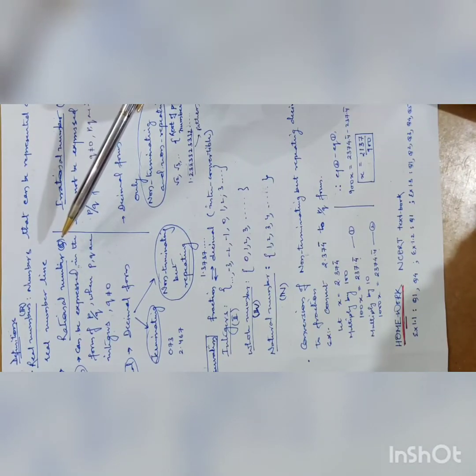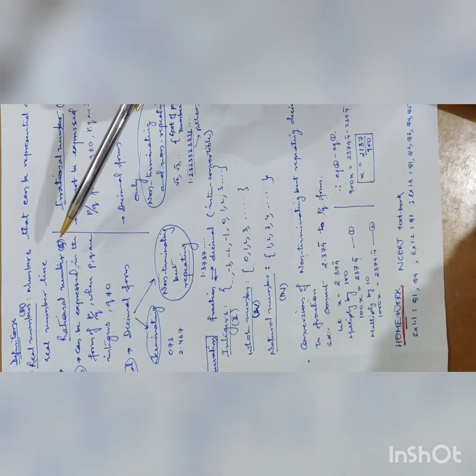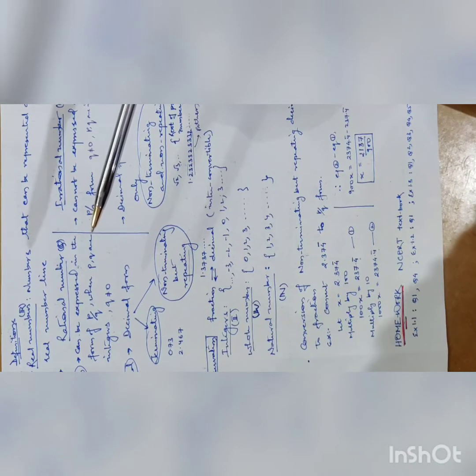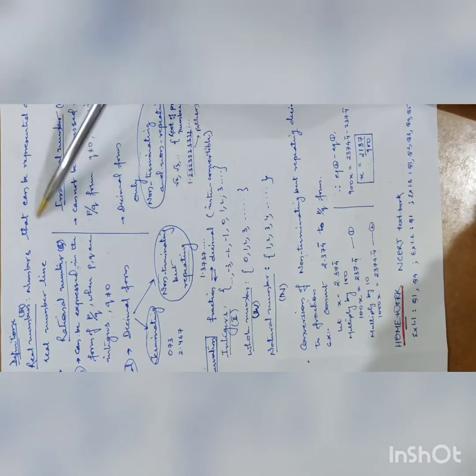So all those numbers are real numbers. As you move forward, you will come to know that we can represent irrational numbers such as √2, and √3 we will do in class 9th only. So they are all real numbers because they can be represented on the real number line.